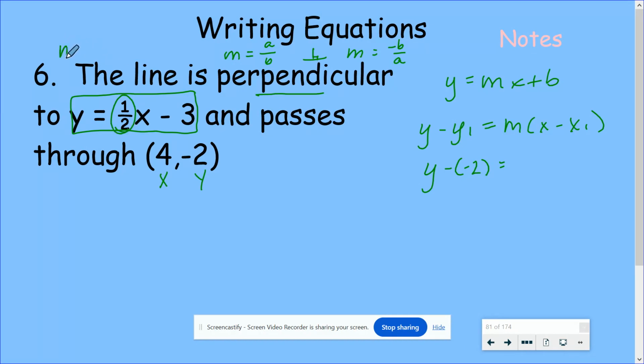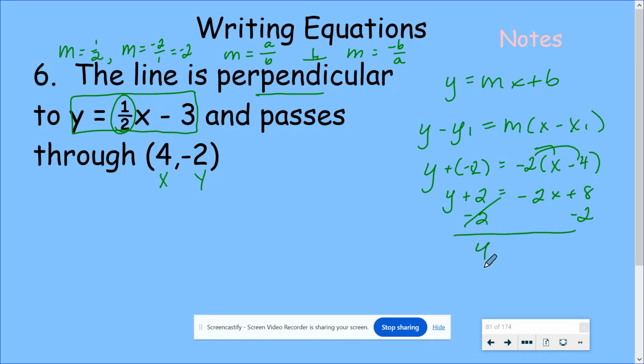So if m is 1/2, then the m I'm going to use would be the opposite reciprocal of it, which would be -2 over 1, or just -2. And then finishing my formula, x minus x sub 1, change, so y plus 2 equals, distribute, -2x plus 8, subtract 2 from both sides, and y equals -2x plus 6.